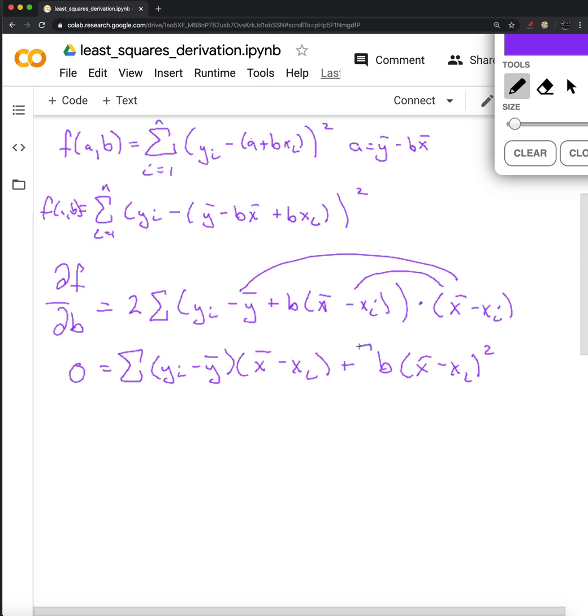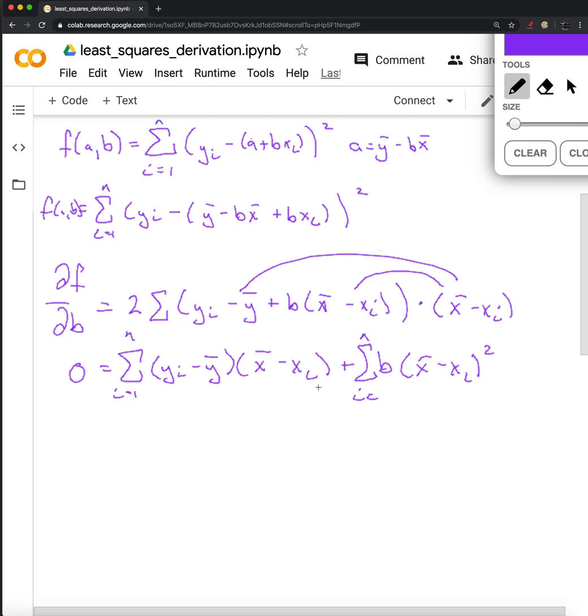And I can distribute that sum also, so we could think about this as a sum from 1 to n. Now we want b, so we just have to move everything around, and we'll be able to isolate b.